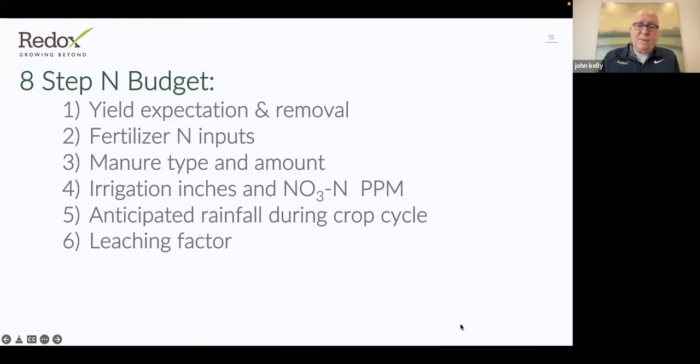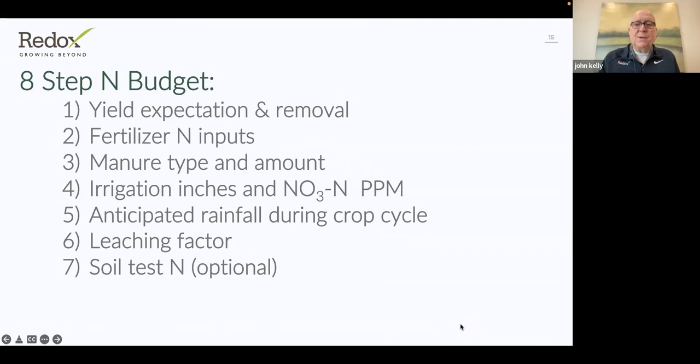You put in a leaching factor. The natural loss can be 50%, whatever you think is reasonable. You can also use a soil test nitrogen, and these are optional.